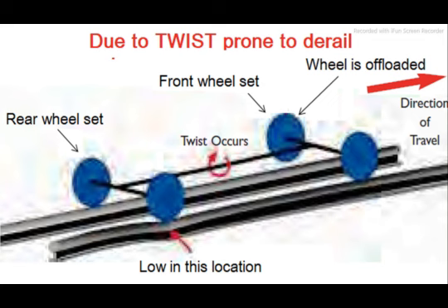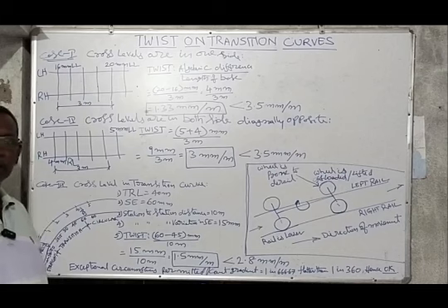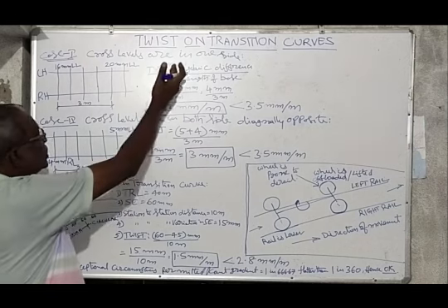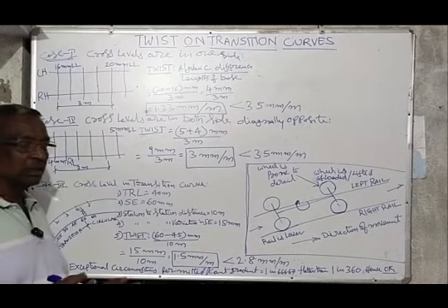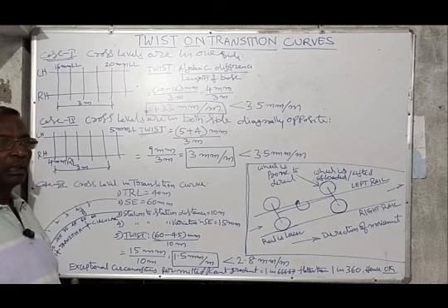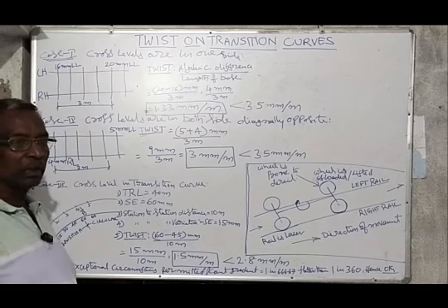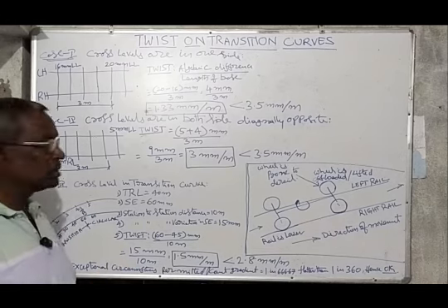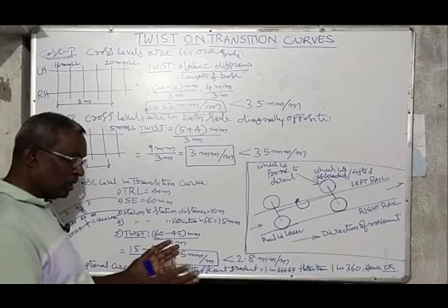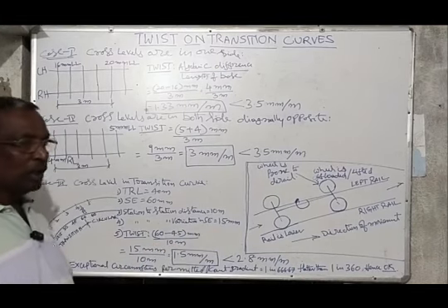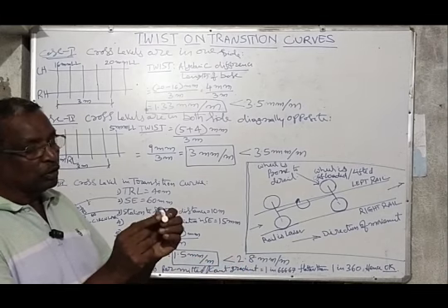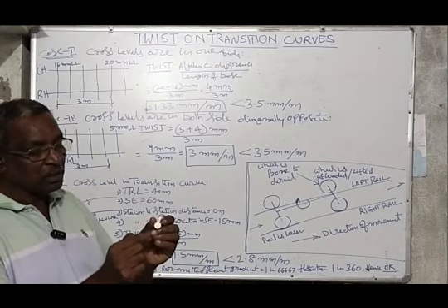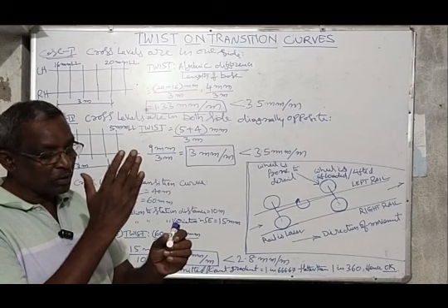Dear friends, welcome back. Twist and transition curves. First of all, what is a twist? Twist is a rate of change of cross level with a fixed base. How is twist defined? You take any four-legged table and remove a half inch from one leg.